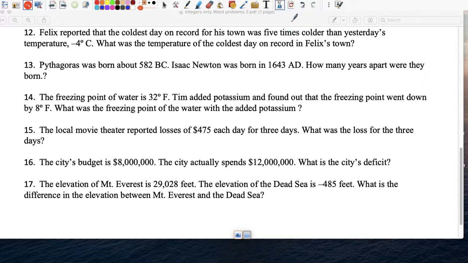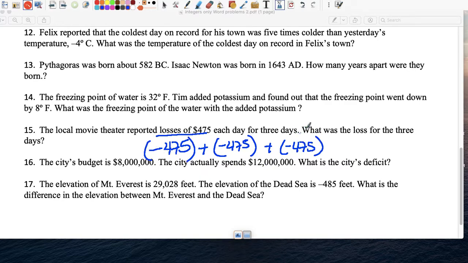Okay. A local movie theater reported losses of 475 each day for 3 days. So how do we represent a loss? We use the integer negative 475. But that is repeated for 3 days. What was the loss for the 3 days? Well, we can write it like this. Day 1, I lost negative 475. Day 2, I lost another negative 475. Day 3, I lost another negative 475, right? So how much did I lose?